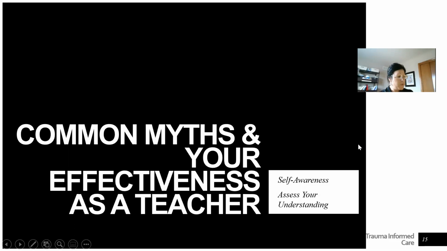On slide 15, these are some myths, and this is where it gets deep. Think about your understanding of what poverty is, what trauma is, and be aware of what you think about students who experience poverty or trauma.